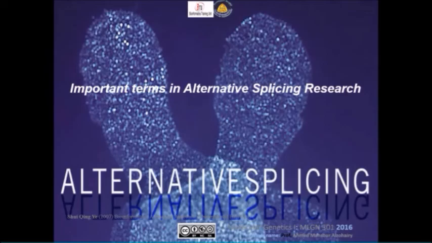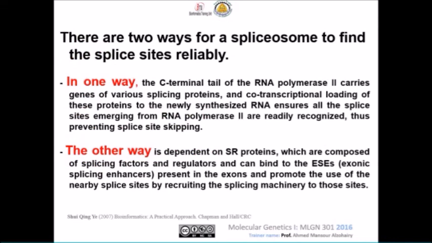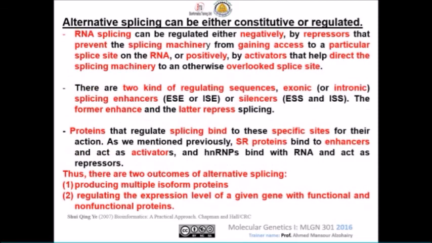There are many important terms in alternative splicing, like lariat, trans-splicing, and other terms that people may use when we talk about alternative splicing. And as we said, there are two ways in alternative splicing, and we have mentioned one of them in Drosophila and another one in HIV.